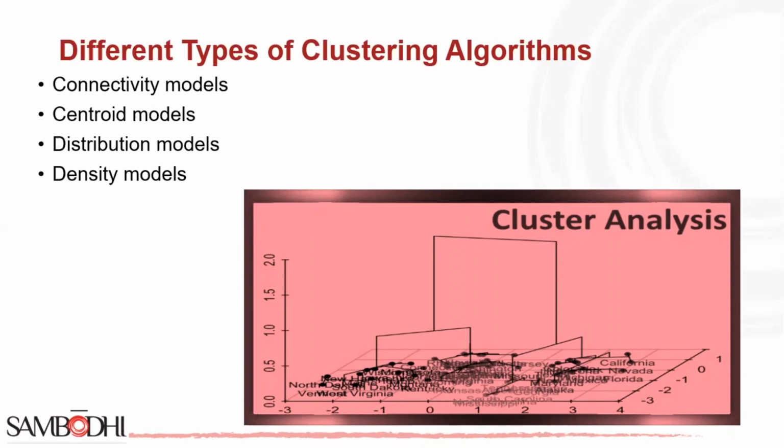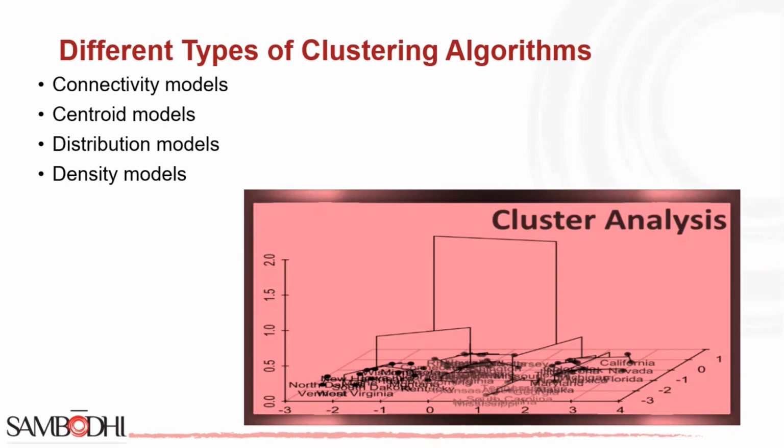Then there are density models. These models search the data space for areas of varied density of data points in the data space. Now, here what happens is they isolate different dense regions and then assign the data points within these regions to the same cluster.